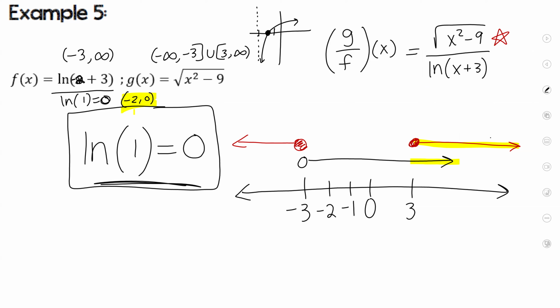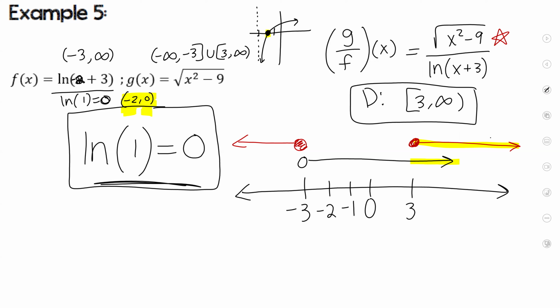If you plug in a -2, you get out 0. This is not domain. I'm not talking about domain. This is just a point. It's a location. -2, 0 is right there. And your line goes through it. Okay, so that means your domain. Tell me what the domain is, guys. 3 to infinity, and what will my enclosures be? Bracket and parenthesis, very good. So this is your domain.